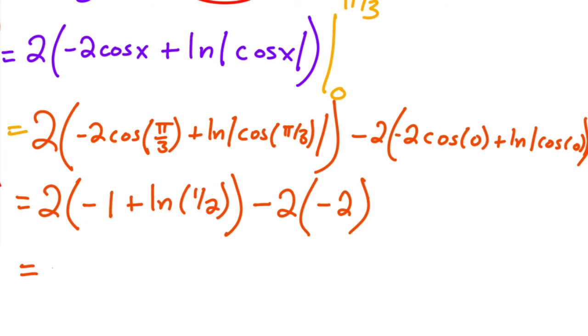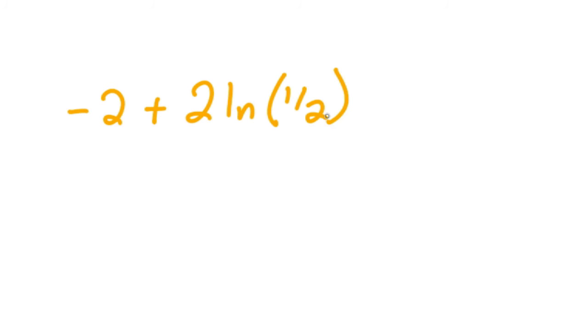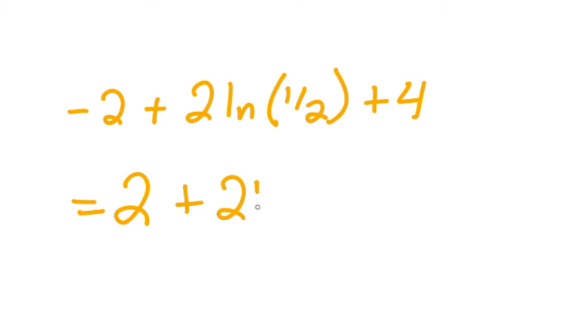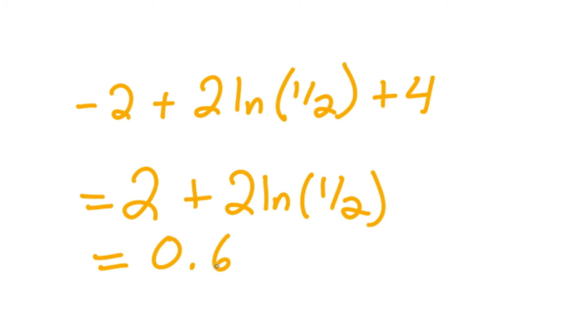So this is going to be negative 2 plus 2 natural log of 1/2 and plus 4. So this is equal to 2 plus 2 natural log of 1/2, which is equal to 0.61.